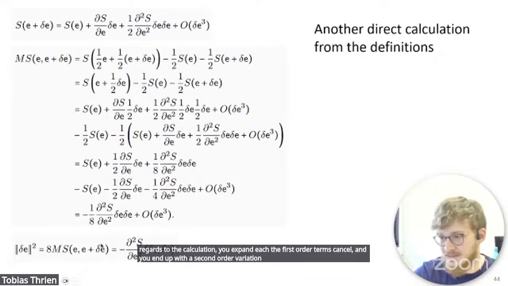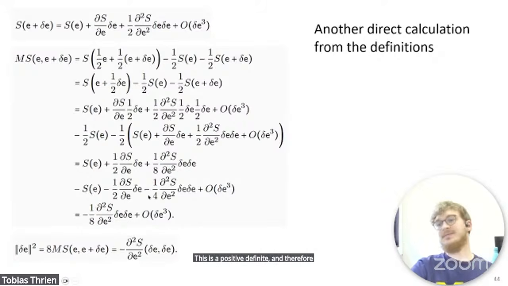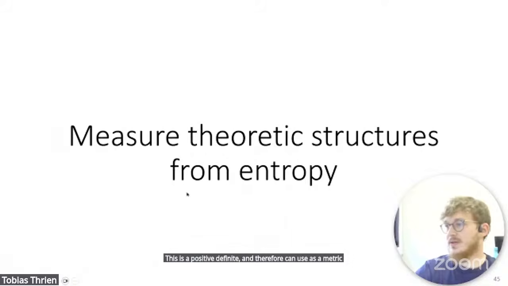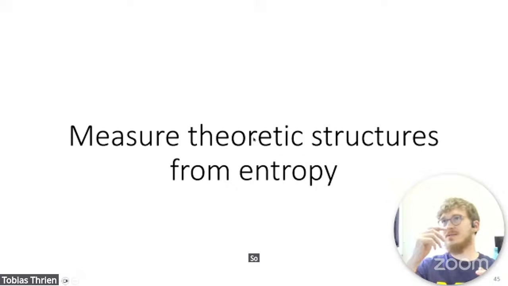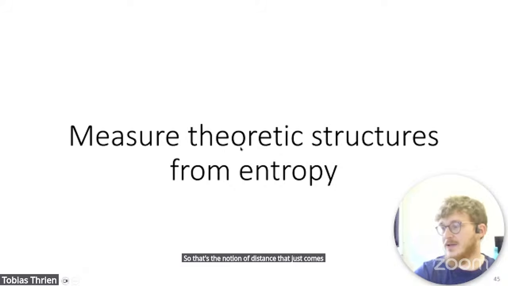This is then positive definite, and therefore can be used as a metric. So that's the notion of distance that comes straight from the entropy.